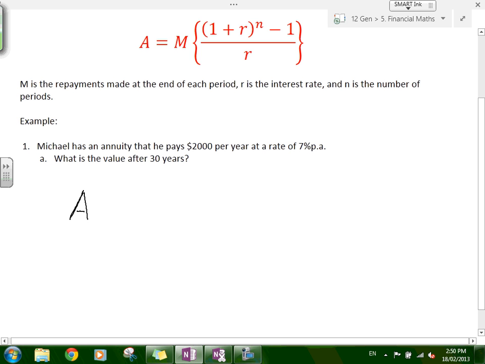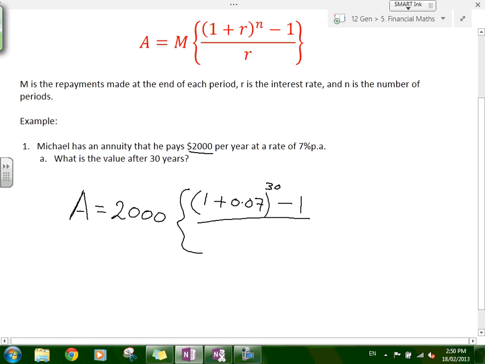A equals M, in this case $2,000, that's how much it puts in at the end of each year, times 1 plus the rate as a decimal, 0.07, to the power of the number of years, which is 30, minus 1, over the rate, which is 0.07.